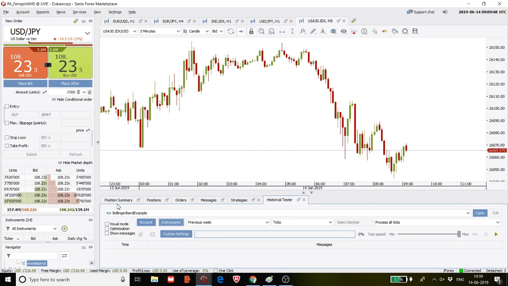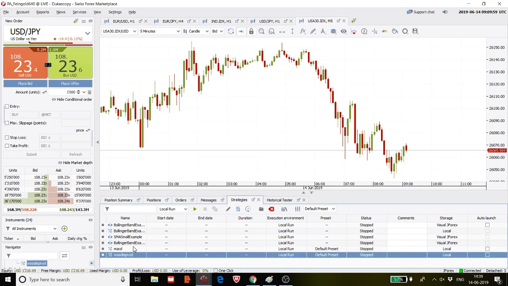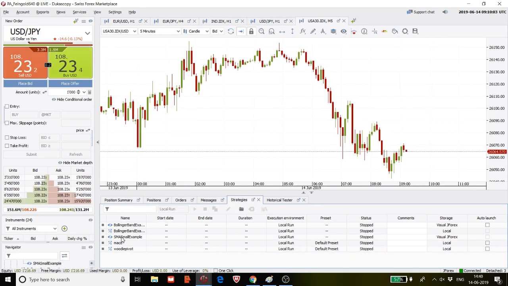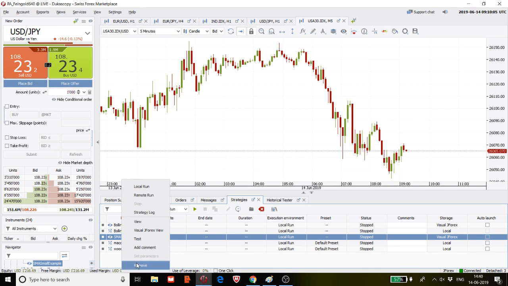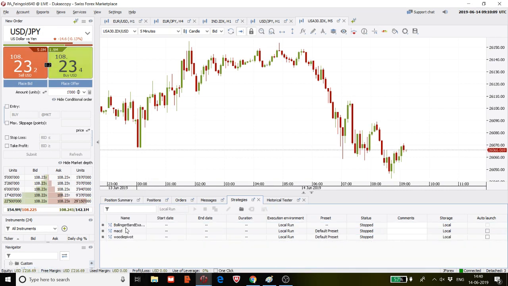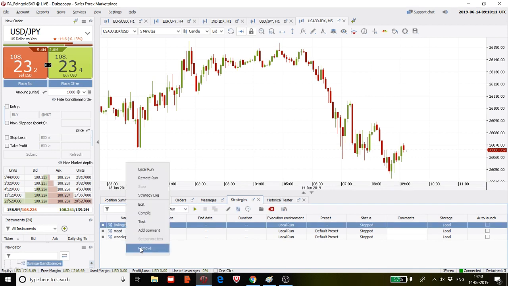Whenever I click on Woody Pivot, I believe the Bollinger Band example strategy also has that indicator. That's the problem. So let me remove it first, and then I will try to test run the strategy.